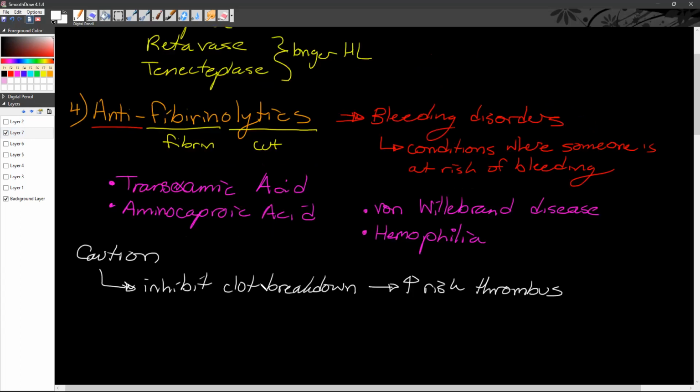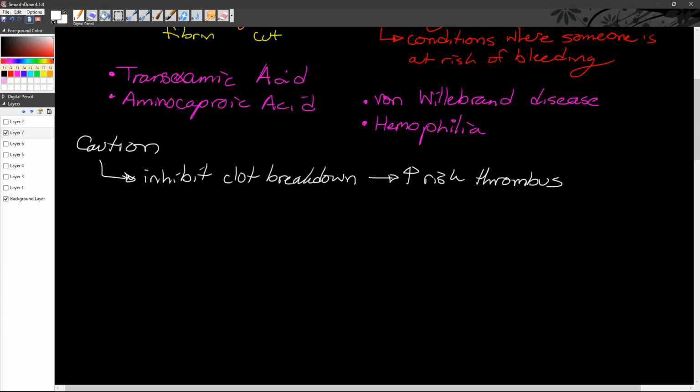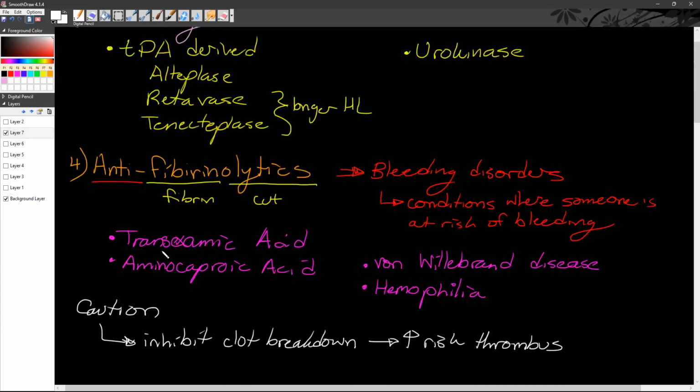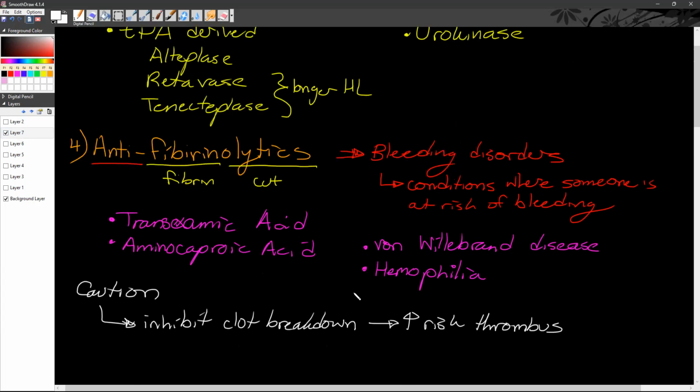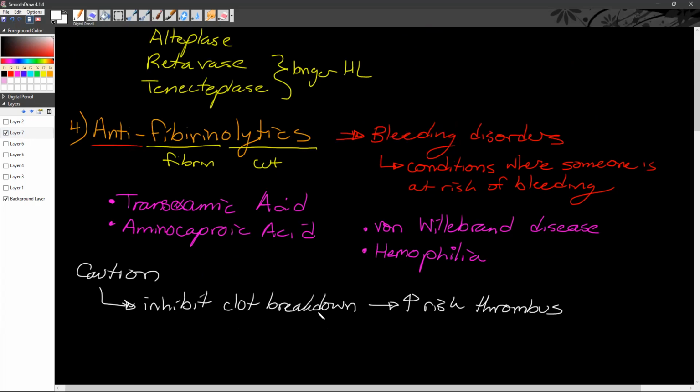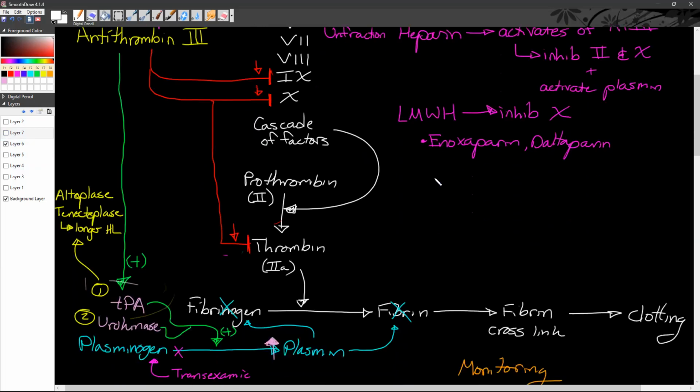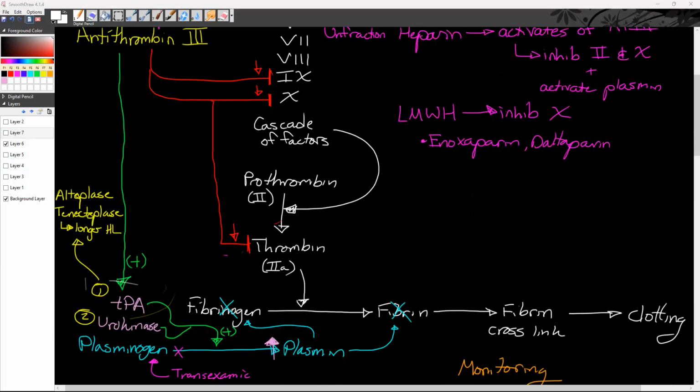Any questions about any of those drugs that we talked about? So just going back on the anti-fibrinolytics, in class you just call them hemostatic drugs, same thing. Okay. I just want to go back to the pathway that you drew. So tranexamic acid only works on fibrinogen, right?